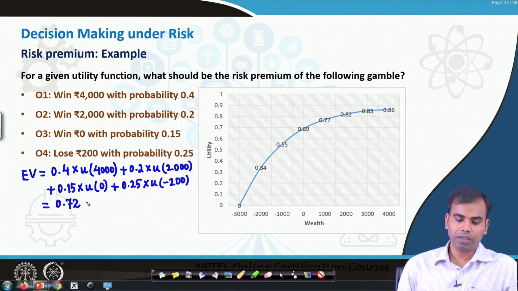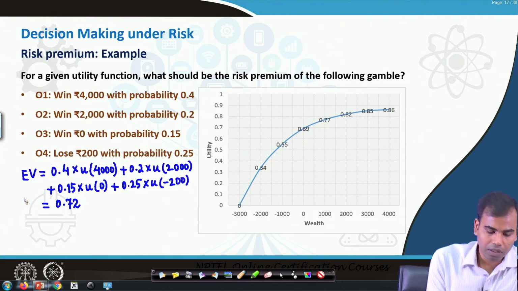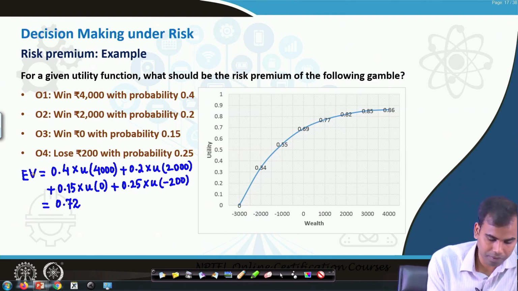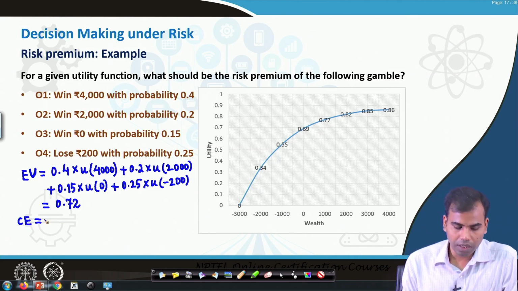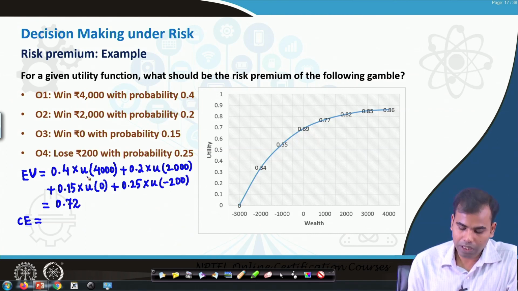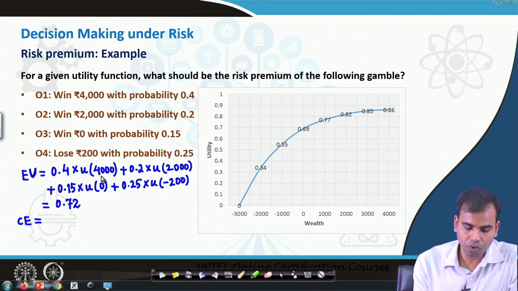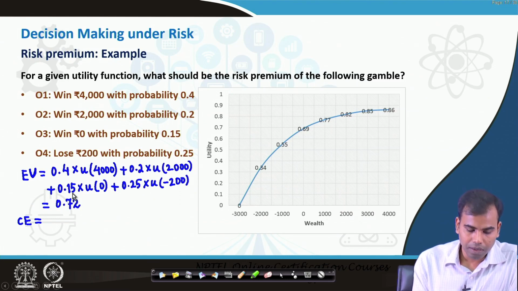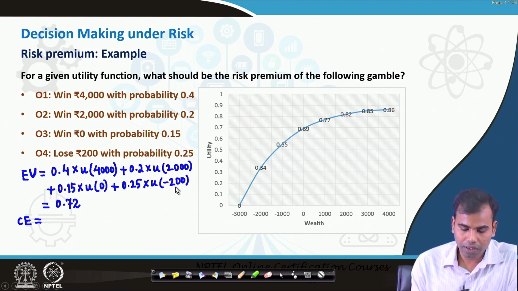Second step is to find the certainty equivalent. When we try to calculate certainty equivalent, we can refer to the graph itself. If we try to see the expected utility associated with these 4 cash flows 4000, 2000, 0 and minus 200, we have calculated the expected utility for these 4 cash flows as 0.72.